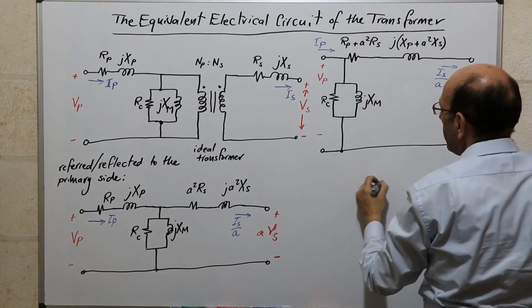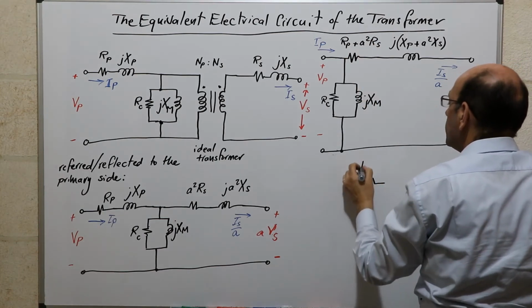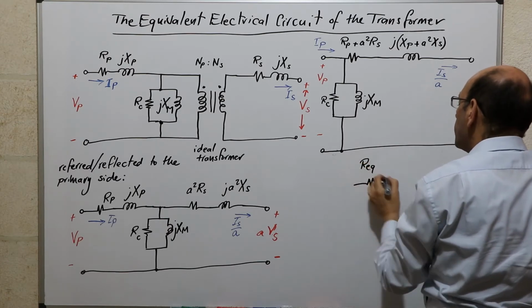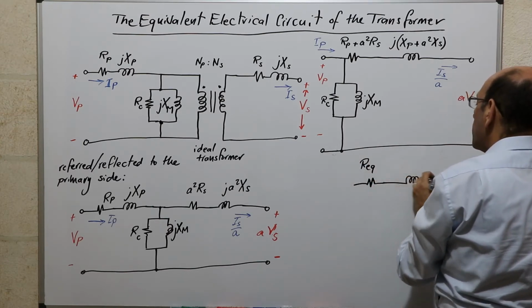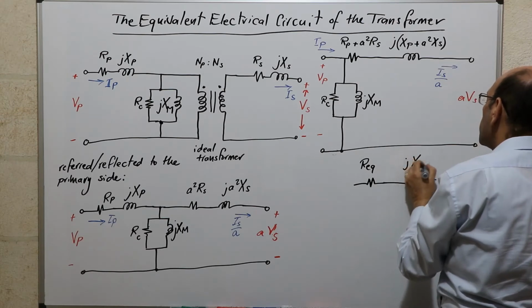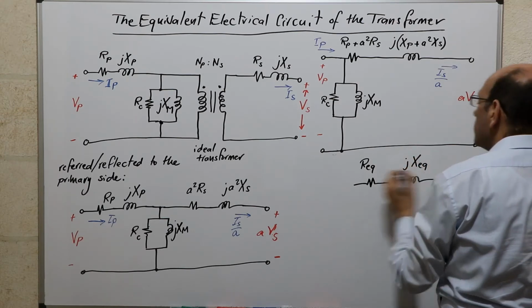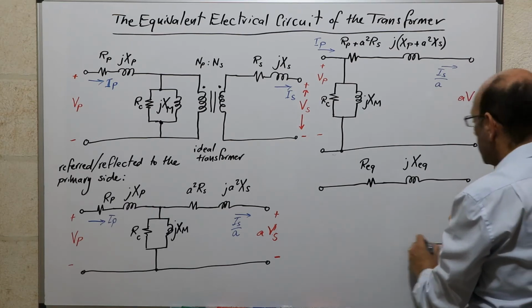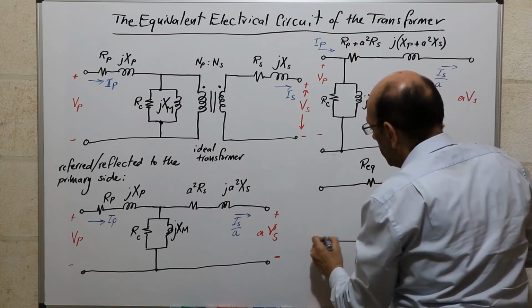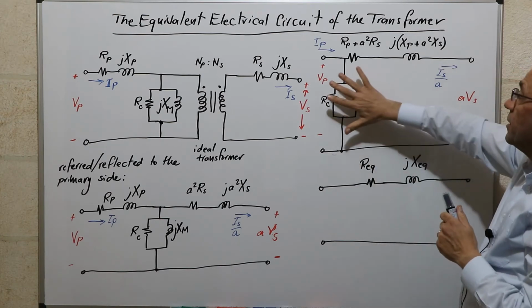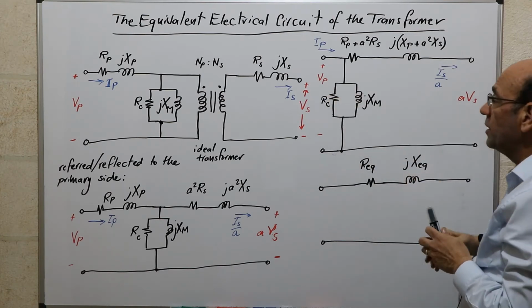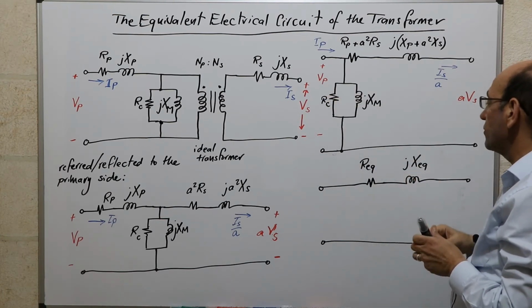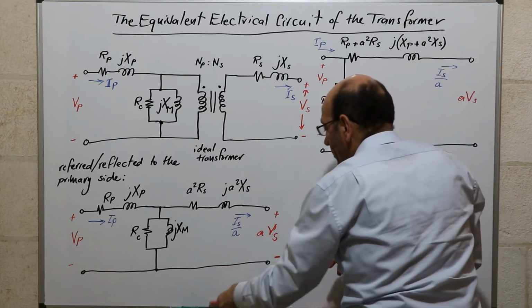So we could take this to this stage and just say R equivalent, and we use the term X equivalent. And we do away completely with this part. So this is actually the last stage of simplification.